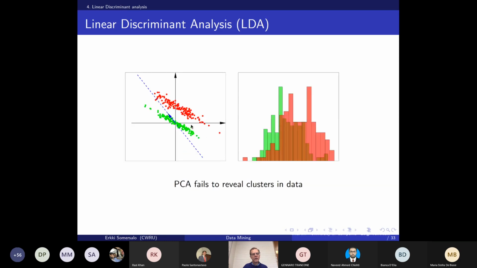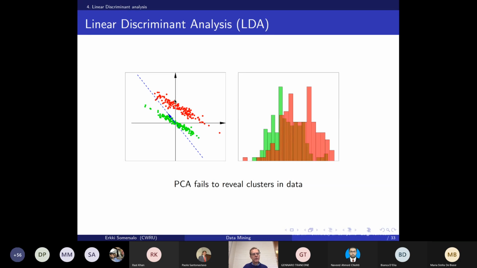Here's a preliminary example. Suppose my data is two-dimensional and consists of two classes, and since I have the annotation, I can tell that one set consists of red points and the other of green points. If you take the principal component projection of that data, the first feature vector is going to be this blue vector here, and that spans a one-dimensional space, which is this dashed line here.